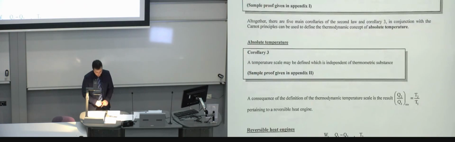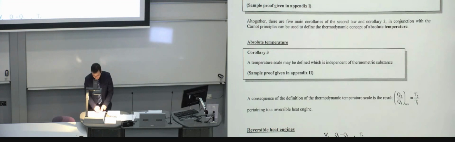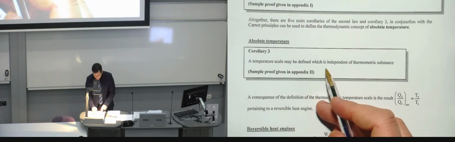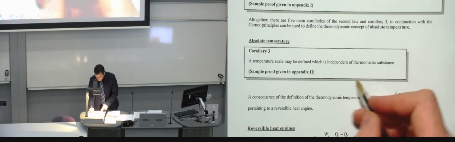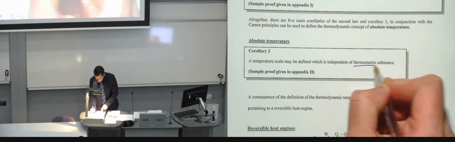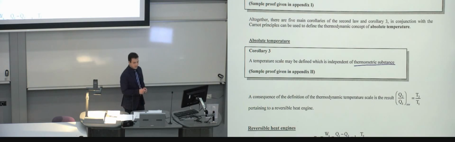The third corollary, which we're going to define here, is that a temperature scale may be defined which is independent of the thermometric substance. Do you know what the thermometric substance is? Have you heard of that?